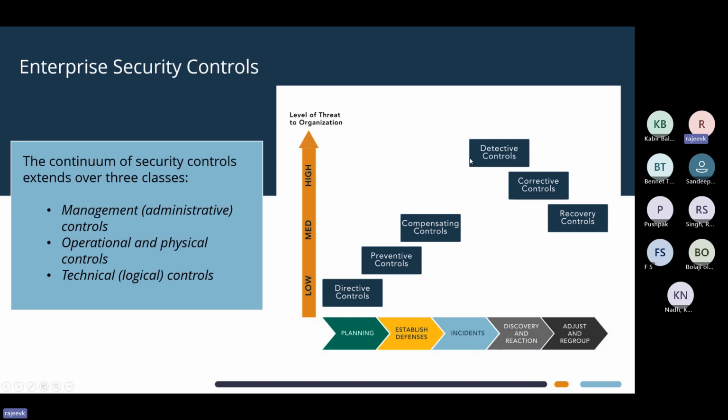So security controls are majorly divided into three: technical control, physical control, and management control. Technical control like firewall, antivirus. Physical control like guards, fences, locks on doors, and administrative control like policy, right?